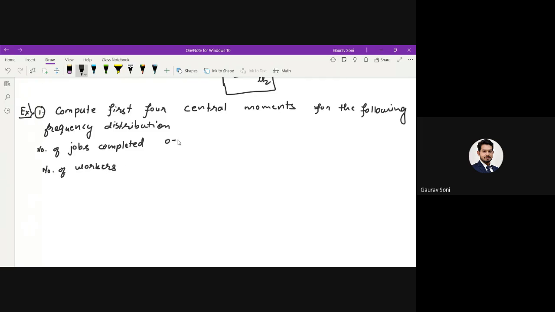So 0 to 10 jobs completed has 6 workers, 10 to 20 has 26 workers, then 20 to 30, 30 to 40, and 40 to 50, with 47, 15, 6.